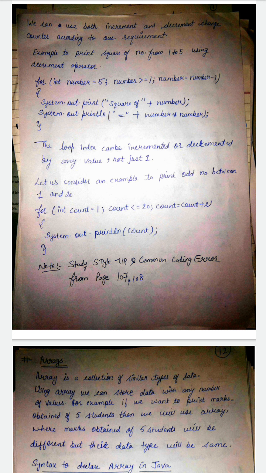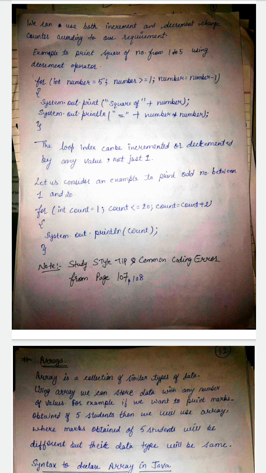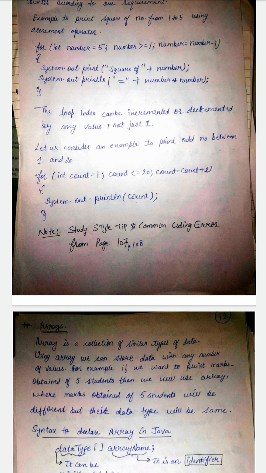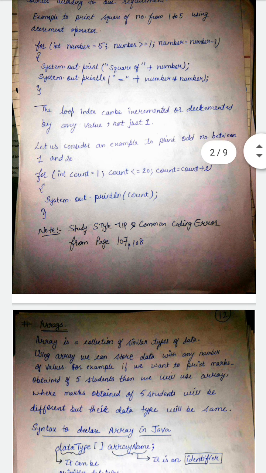Our loop will start from the largest number, that is 5, so we will first get the square of 5, then 4, then 3, then 2 and then 1. You can also write number equals number minus 1, and for increment you can write number equals number plus 1. These are some methods for the decrement or increment operator.